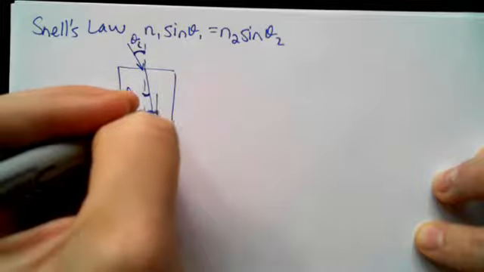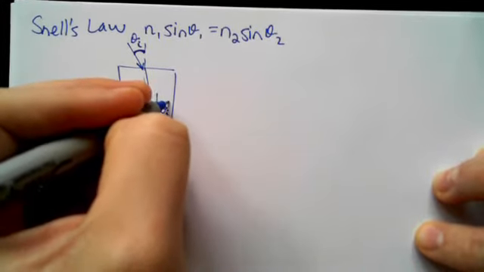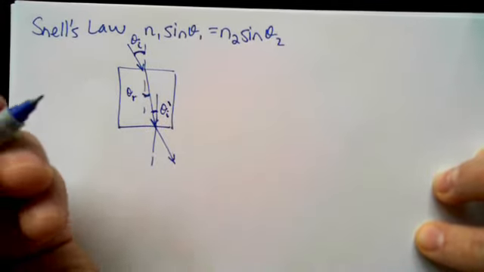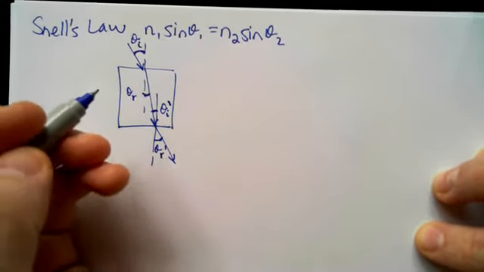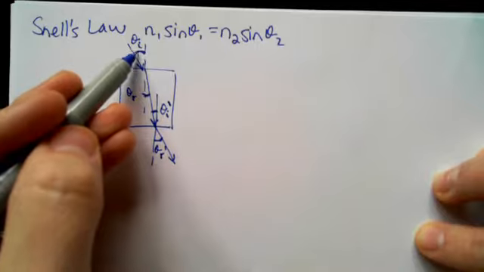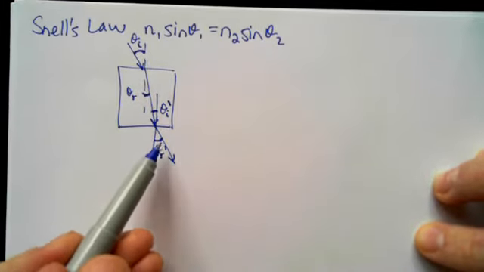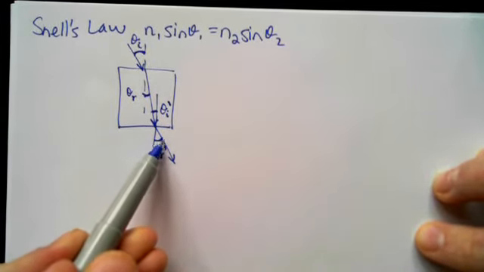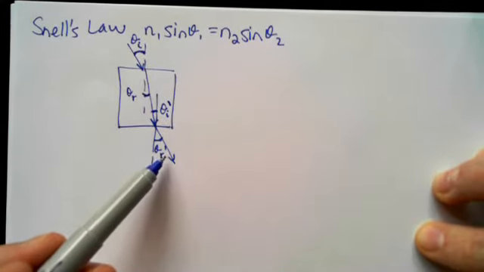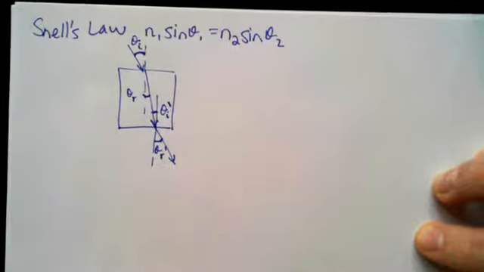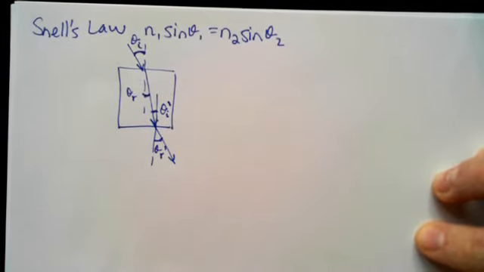We'll call this theta incidence prime, and then this theta refraction prime. You should see that this angle of incidence here equals this angle of refraction down here, because you're going from air into plexi back into air, so those angles are going to be the same.